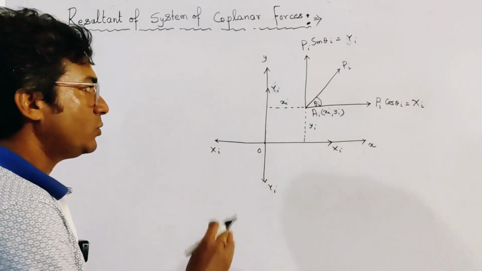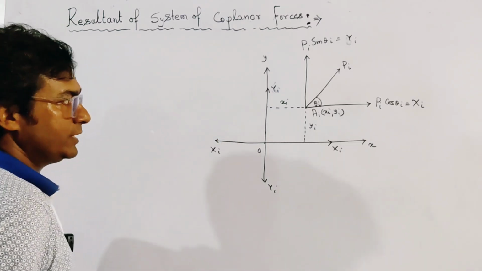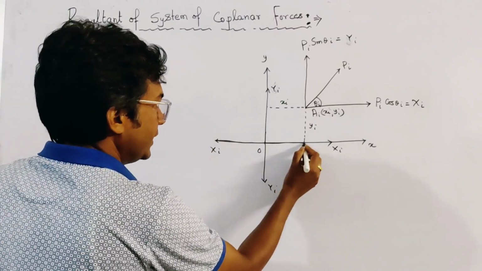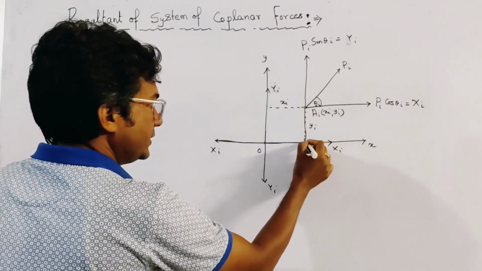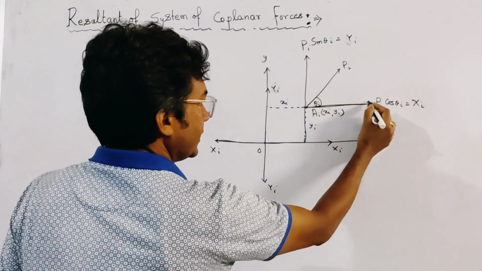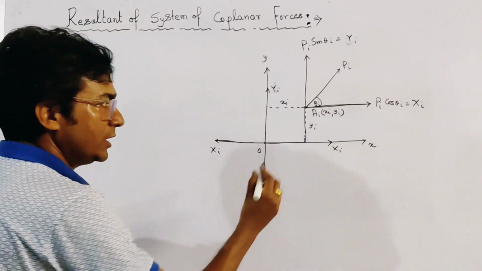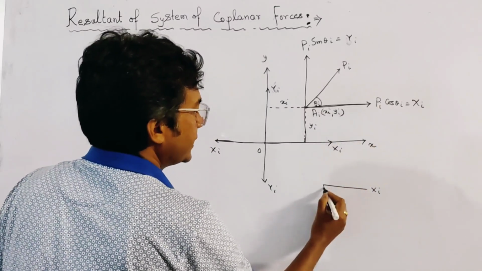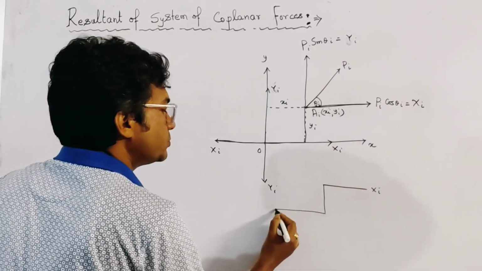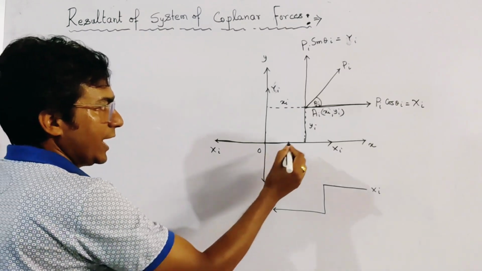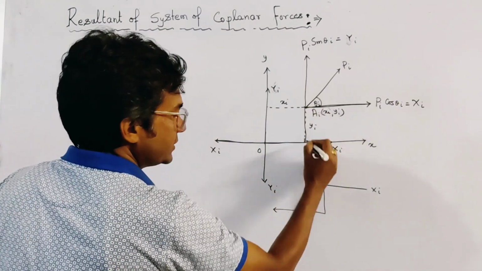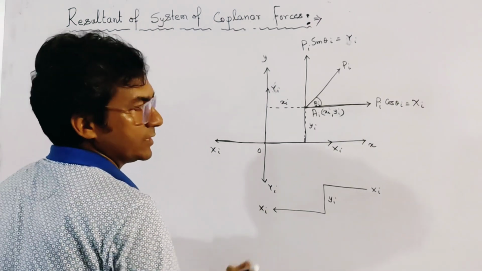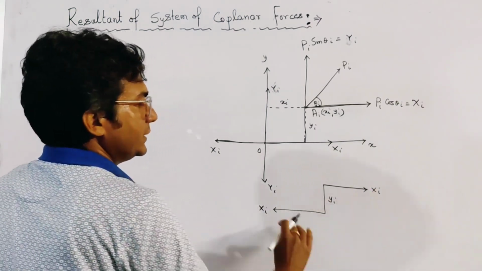Now if we see carefully, the force Xi and this force Xi make a couple like that. This force is Xi, this force is also Xi, and this length yi is the arm of the couple.